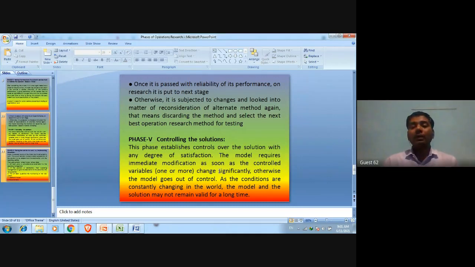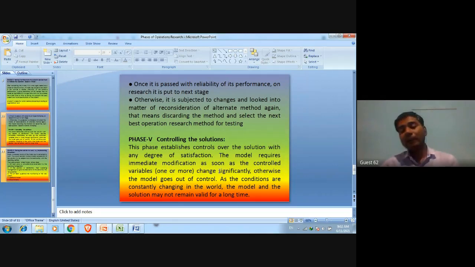It means if your model is not fit or has not passed the reliability and validity test, then either it requires changes, or it is completely a matter of reconsideration, or any alternative methods are available to see. Either it is completely discarded, and we can select another method for testing that particular problem. Okay. So this is very important.